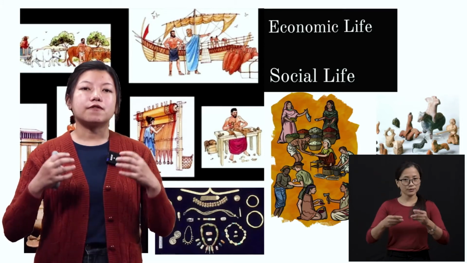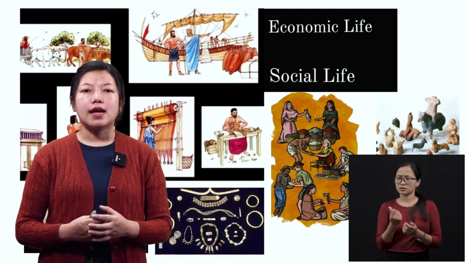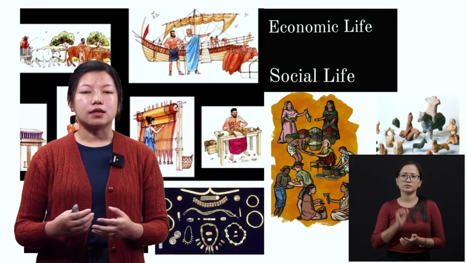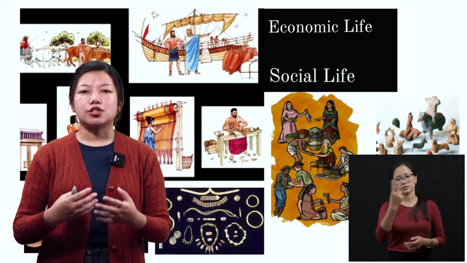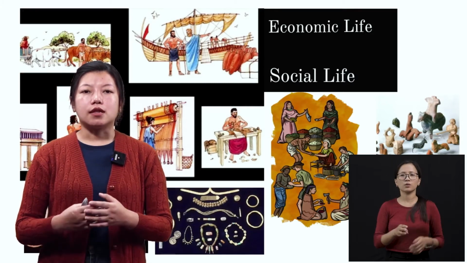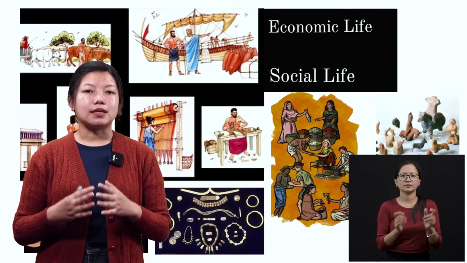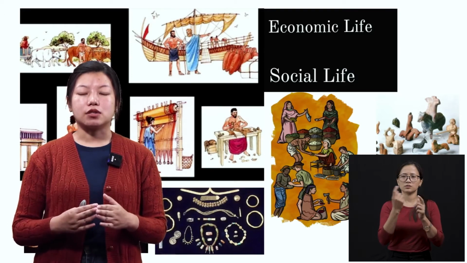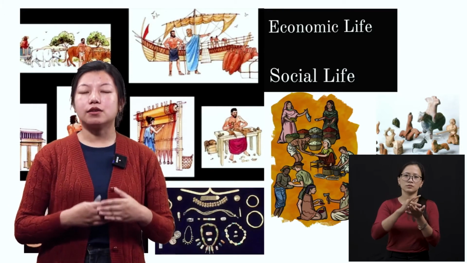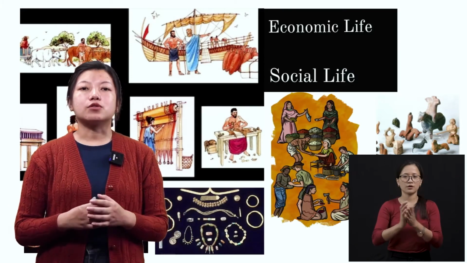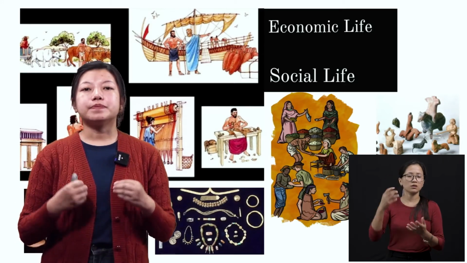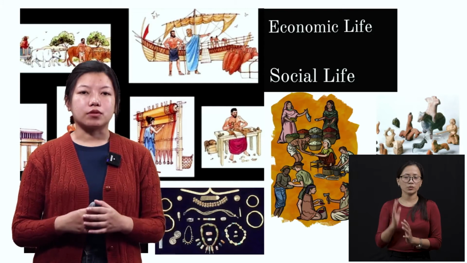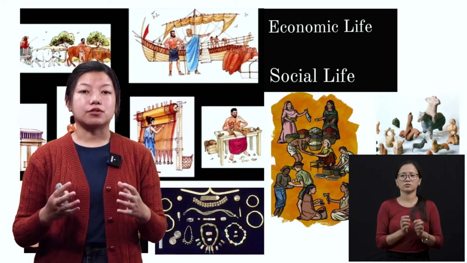They would just find food for themselves, and when it was over, they would again go out from their homes in search of food, shelter, water. Now, the Indus Valley civilization was located near the river valley, so people also learned how to grow crops.